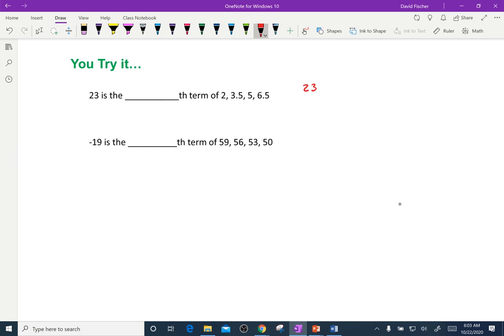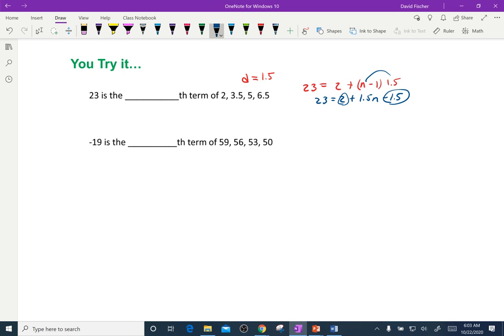I got 23 equals, my first number is 2 plus n minus 1. And my difference here, what am I going up by here? Looks like 1.5. Put these like terms together.